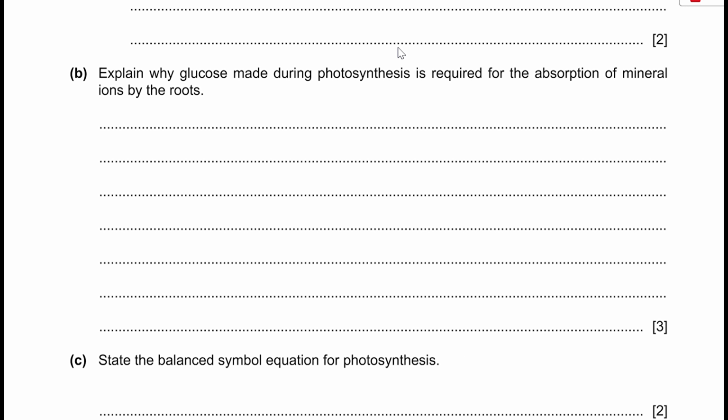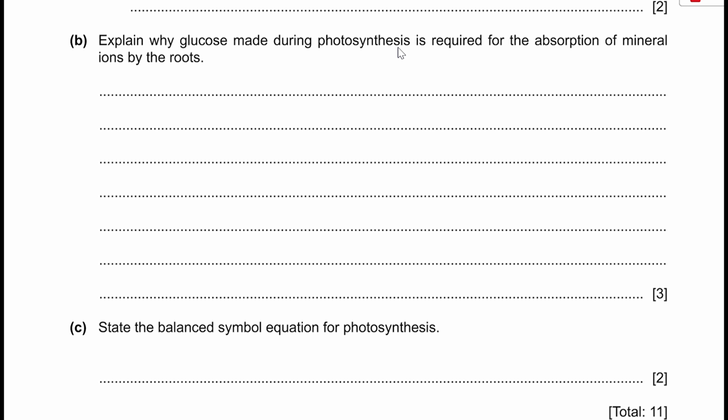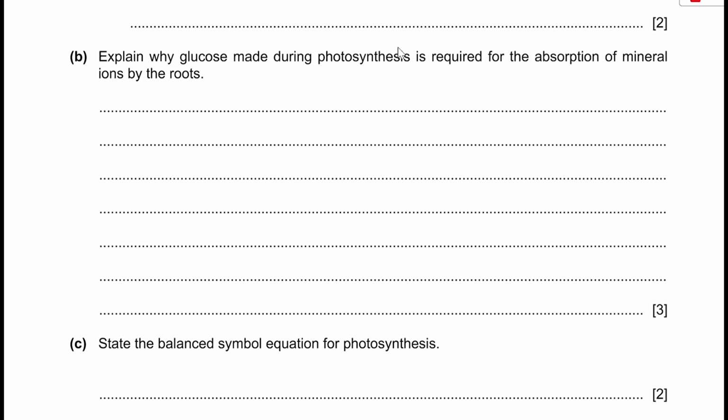Alright, explain why glucose made during photosynthesis is required for the absorption of mineral ions by the roots. Alright, so glucose is needed because glucose is a component necessary for respiration. Alright, and when respiration takes place, what do we get? We get ATP energy, which is used in the active transport for the absorption of minerals.